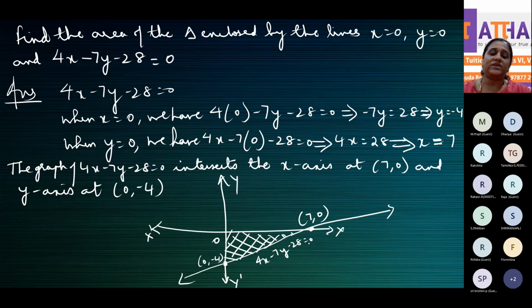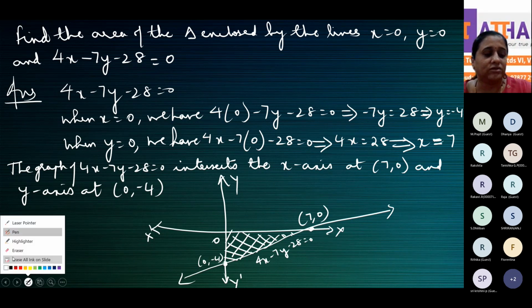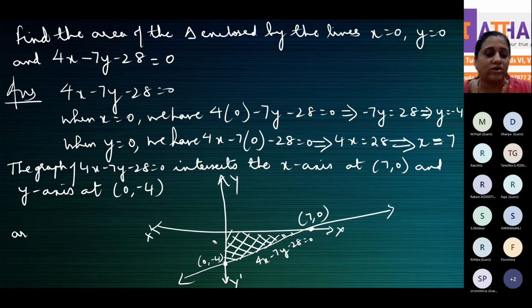Now the question is to find the area of the triangle enclosed by these lines. So the area of the triangle will be area of, you can name the triangle. This is already O, the origin. Okay, so you can name this point A. You can call this point B. So area of triangle AOB is equal to half into base OA into height OB.